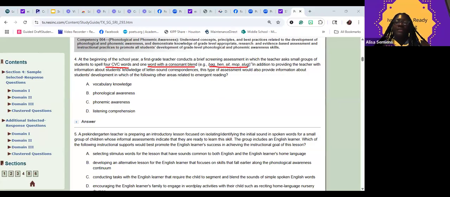In addition to providing the teacher with information about students' knowledge of letter sound correspondence, this type of assessment would also provide information about students' development in which of the following other areas related to emergent reading. We know vocabulary knowledge is out. We're not talking about vocabulary knowledge. What would be our answer when you're ready for your answer in the chat?